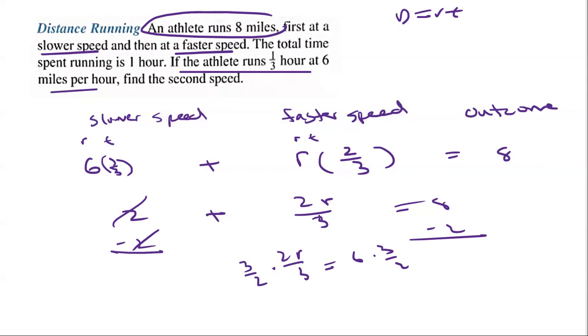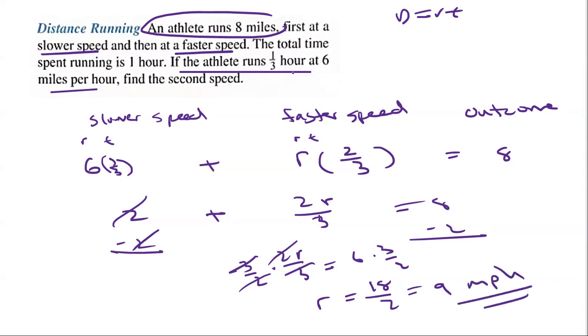Okay, so just the opposite. So in this case, our 3's cancel and our 2's cancel. So we have r, and then 6 times 3 is going to be 18, and divided by 2 will give us 9. So our rate is 9 miles per hour.